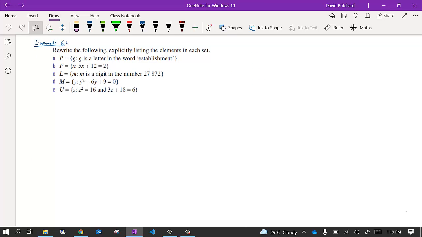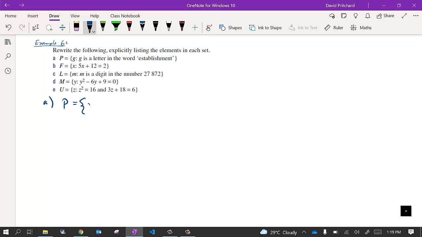The last example is we're going to rewrite the following, explicitly listing the elements rather than the statements within. So let's start with A. We've got P is equal to: G is a letter in the word establishment. So we're just taking all the individual letters in establishment.